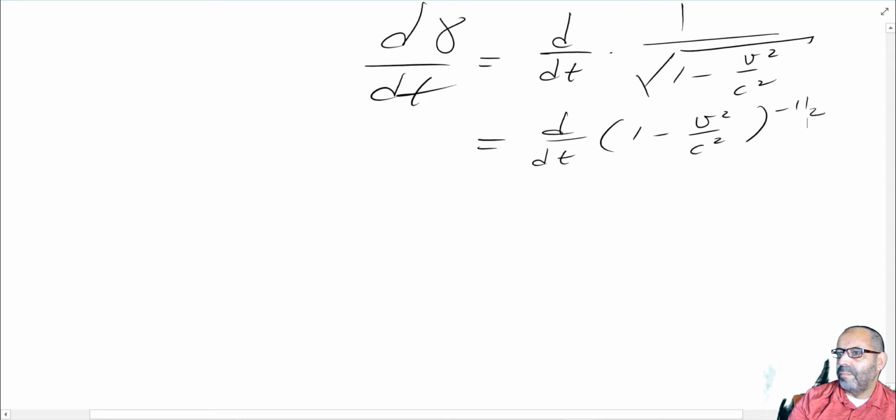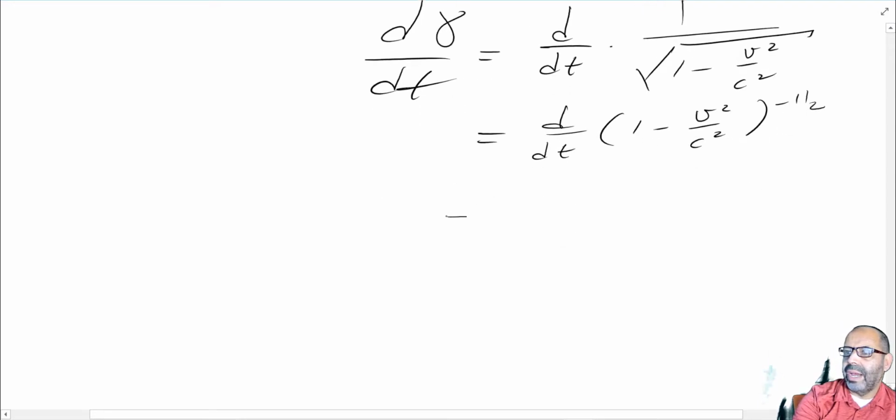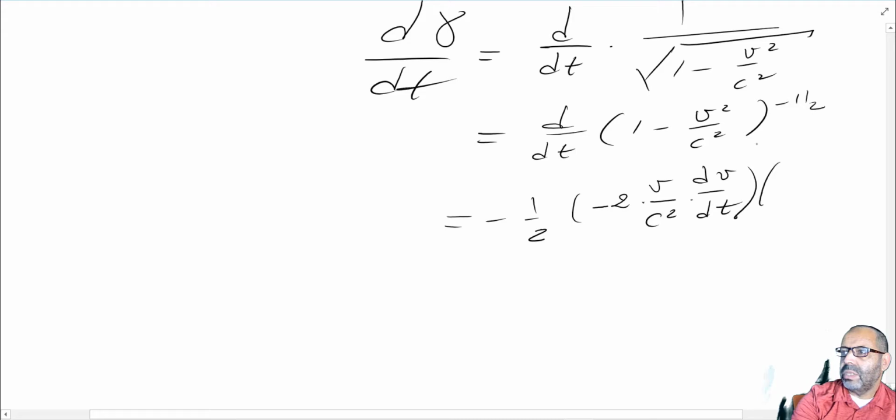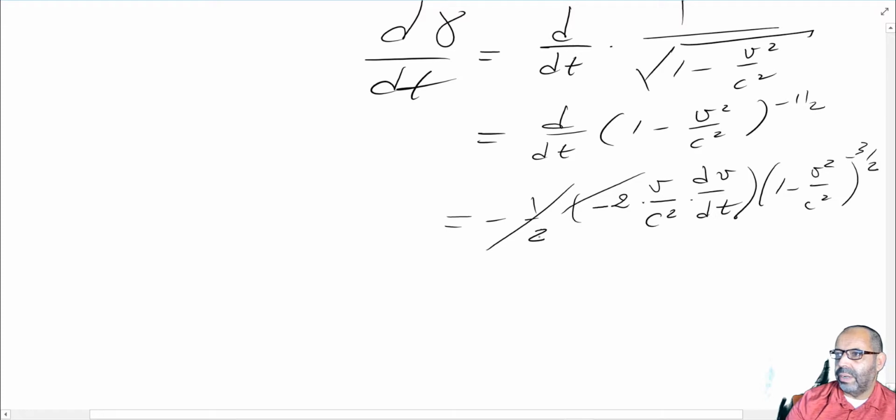That's what we normally do. So it's going to have the negative 1/2 times the derivative of this expression in here, which is negative 2 times v over c squared times the derivative of v with respect to time, times this expression now lifted to the negative 1 plus 1, which is negative 3 over 2. So it's going to be 1 minus v squared over c squared to the negative 3 over 2. Okay. The negative 2 and the negative 1/2 cancel. Even the sign is gone.